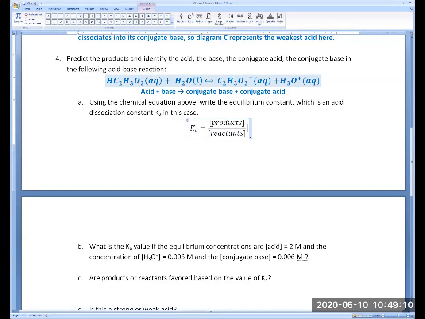So here on the product side, the right side, we have H3O plus times C2H3O2 minus.